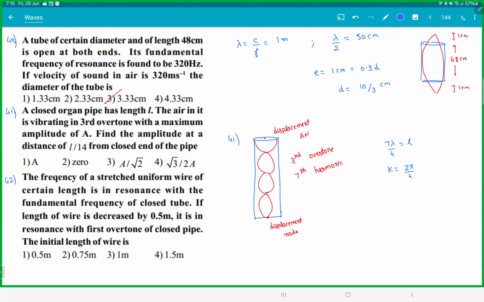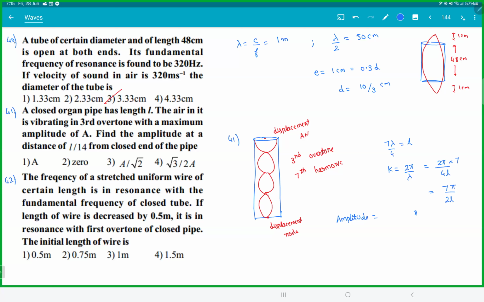K is 2 pi by lambda, which is 2 pi into 7 by 4L, so 7 pi by 2L. Here we can write the amplitude is 2a sine kx.